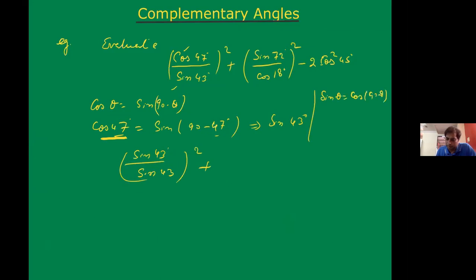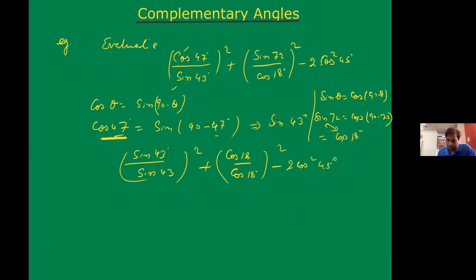So sin 72 degree equals cos(90 minus 72), which is cos 18 degree. So in the numerator, sin 72 I can write as cos 18, over cos 18 degree, whole square, minus 2 cos square 45 degree.